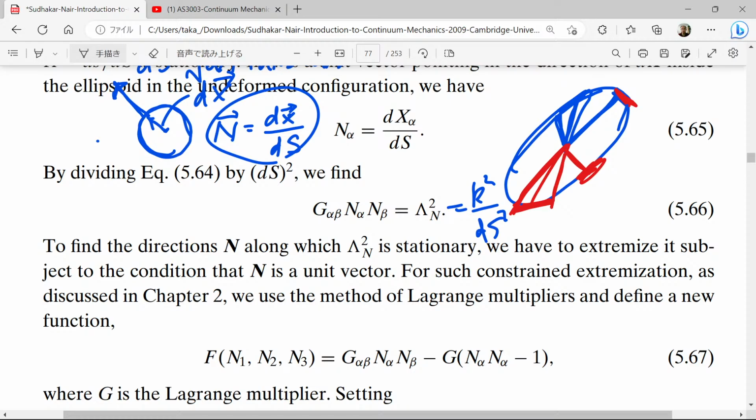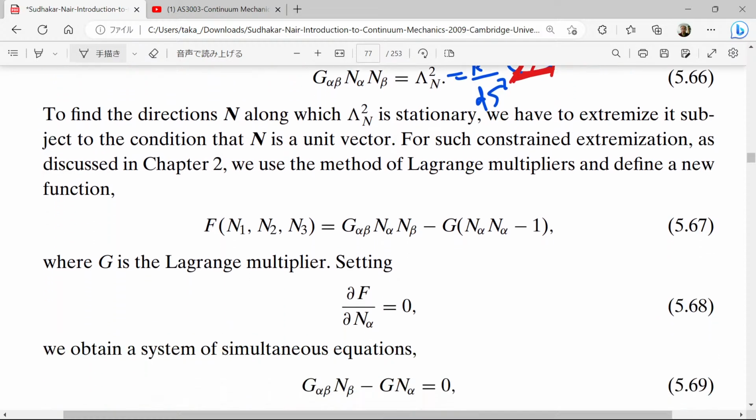For such constrained extremization, as discussed in Chapter 2, we use the method of Lagrange multipliers and define a new function f(n1, n2, n3) is g alpha beta n alpha n beta minus g(n alpha n alpha minus 1), where g is a Lagrange multiplier.